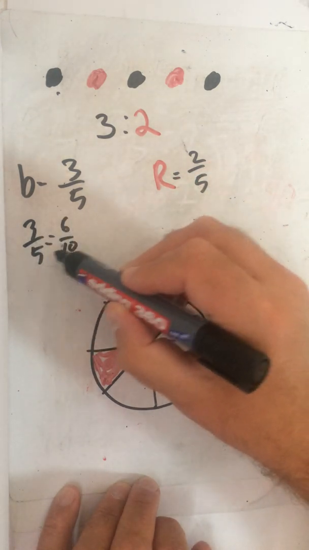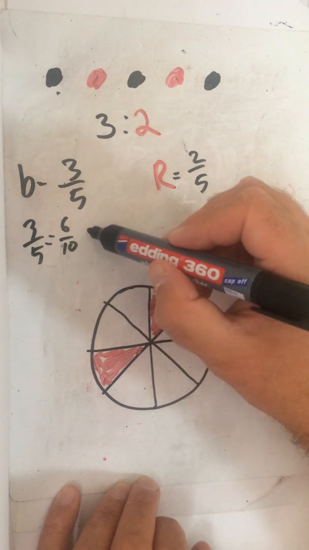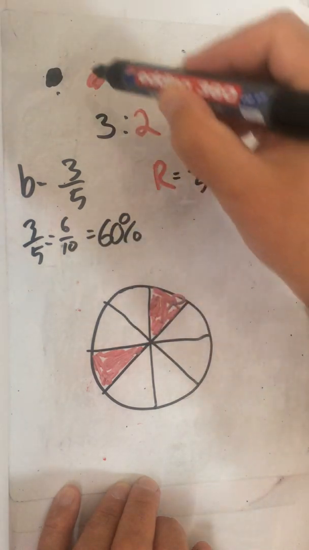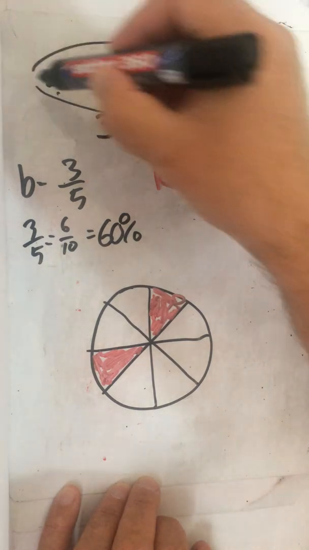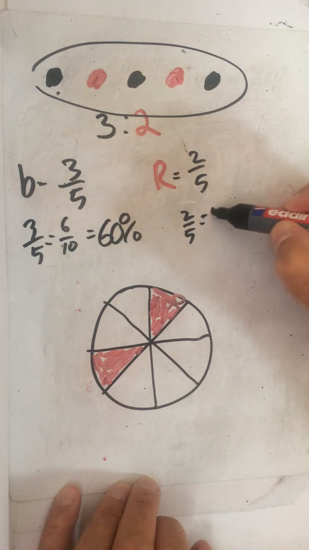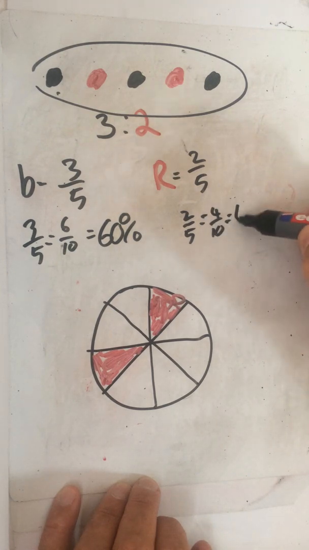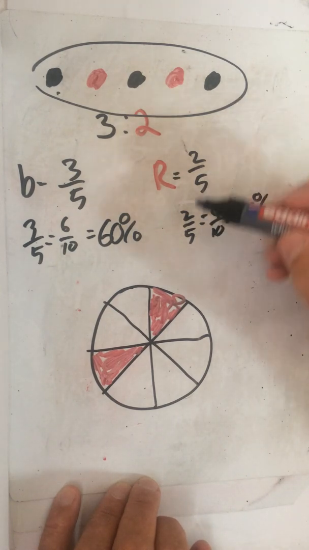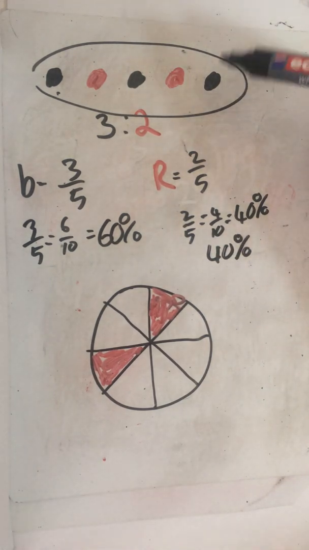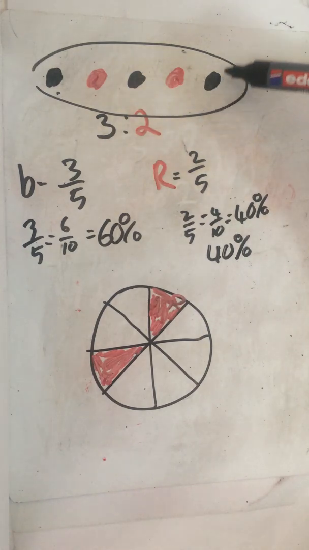I'm expanding now, just doubling them both, and I know 1/10 is 10%, so 6/10, 60% of those dots are black. And I know 2/5 is equal to 4/10, and that's 40%. Okay, and 40% are red. 40% of these dots are red.